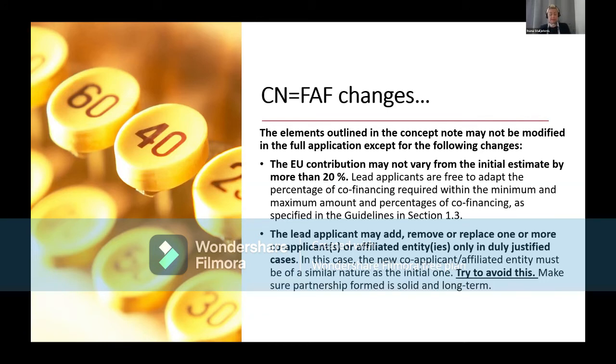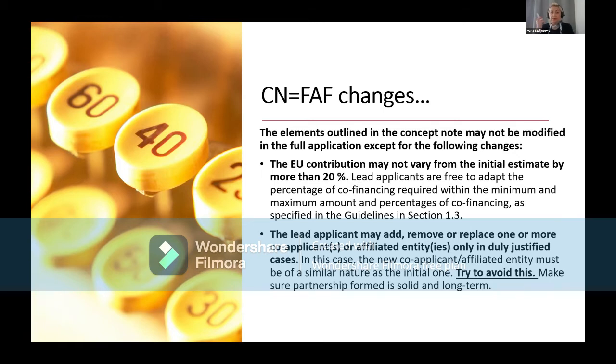We explained yesterday how this 20% looks like, but for example, if you're asking 100,000 euros from the EU contribution side, then you can vary up to 20% plus or minus. So it would be roughly 80,000. You cannot ask less than 80,000, and you cannot ask more than 120,000 euros. So take that into account.